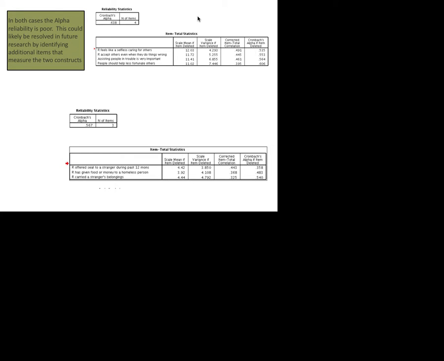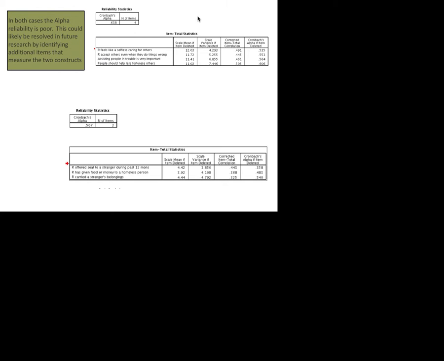And then the rest of what I have here is just some descriptive statistics that I ran. Given what I found about my reliability, it probably doesn't warrant doing a whole lot here because they're not reliable.